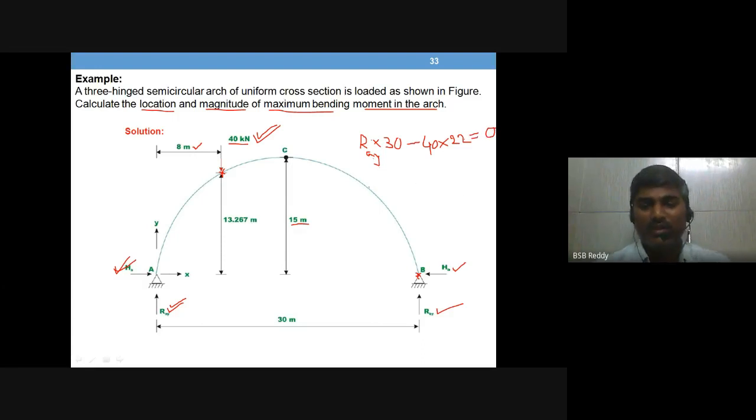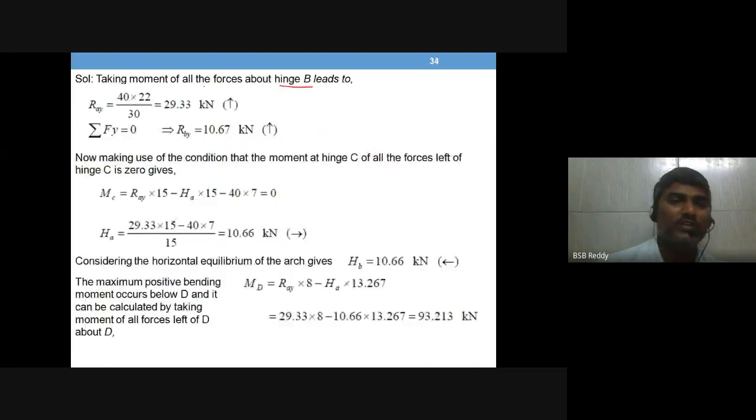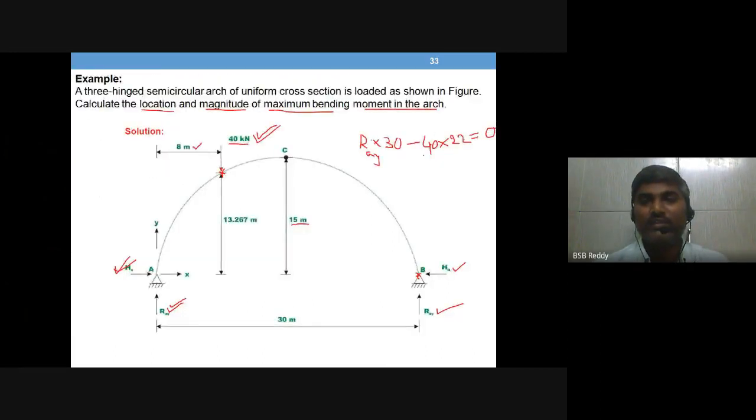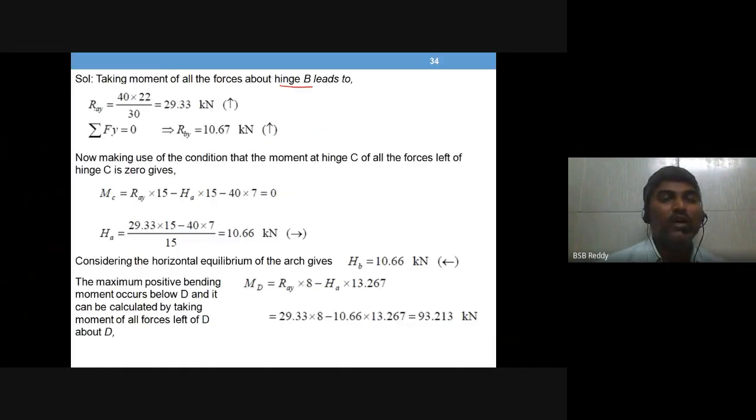So RAY, you can see it here, 40 into 22 by 30, just rearranging this equation. So RAY value is 29.33. Now from the other equilibrium equation: you have used sigma MB equal to 0 here.